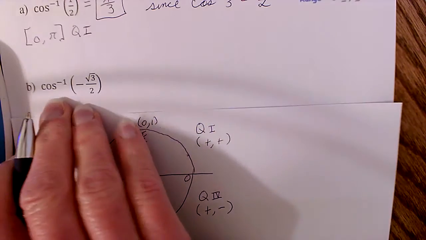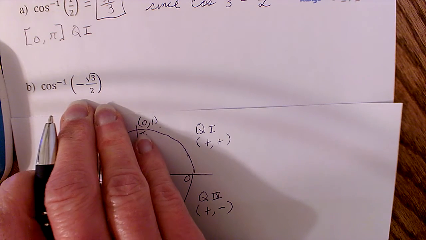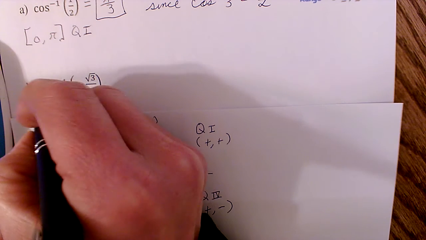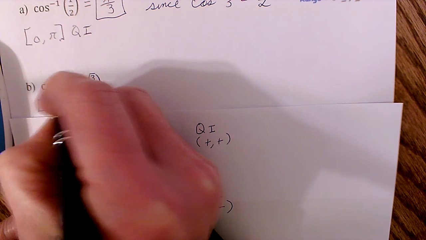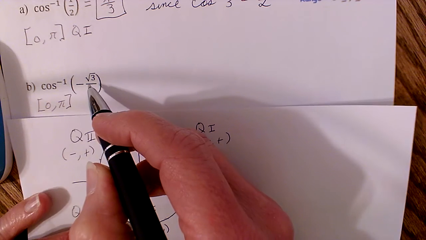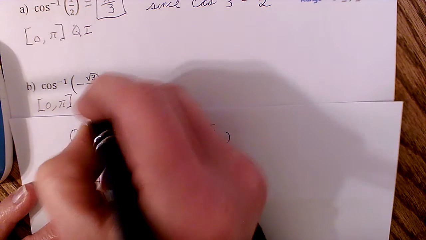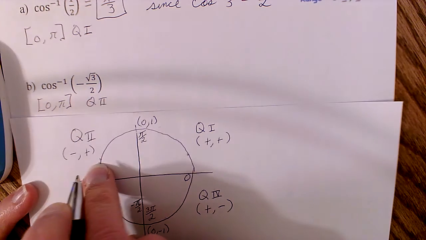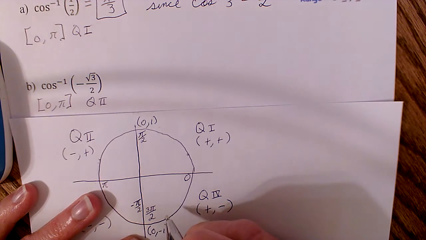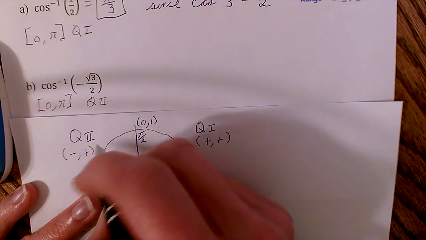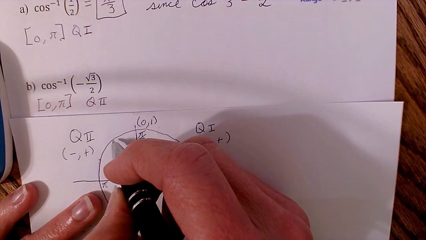The angle whose cosine is negative square root of 3 over 2. So again, we have to pick an angle between 0 and pi that gave us a cosine of negative square root of 3 over 2. That means we're going to have to come from quadrant 2 and look for an angle inside of quadrant 2 that gave us negative square root of 3 over 2 for the cosine, the x value over there.